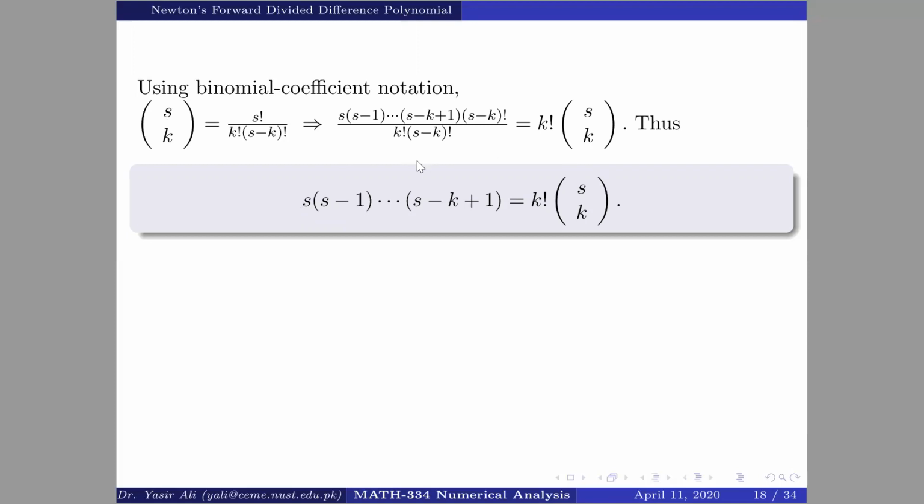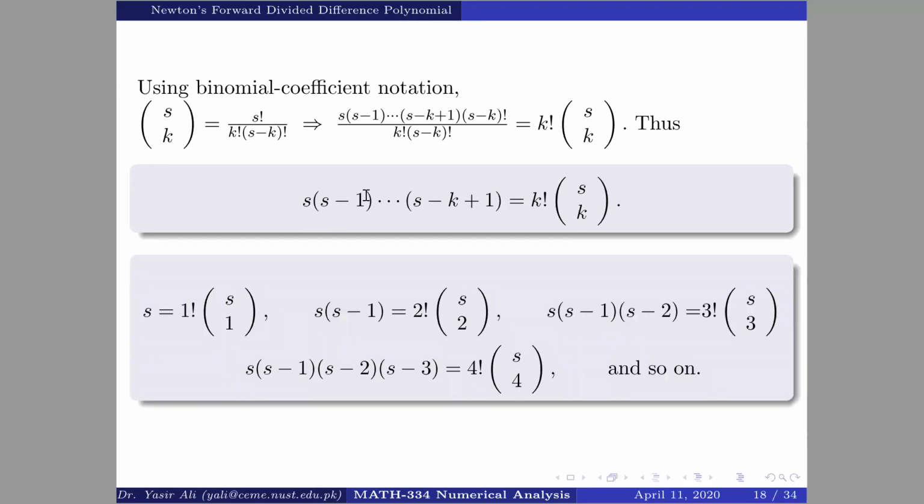This is the simplified form which we can use, and you can write s into s C 1, and s into s minus 1 is equal to 2 factorial s C 2, and similarly for 3 terms and for 4 terms and so on I can write this.